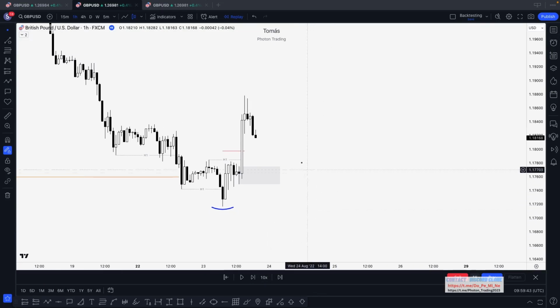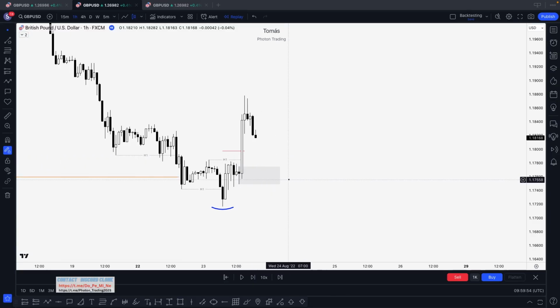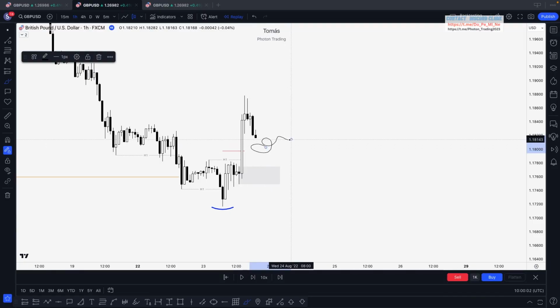And by the way, guys, this is very, very important. You only look for the entry model, LC, in this case LC2A, once the medium time frame POI is mitigated. I really don't want you guys to start looking for entry models around here.